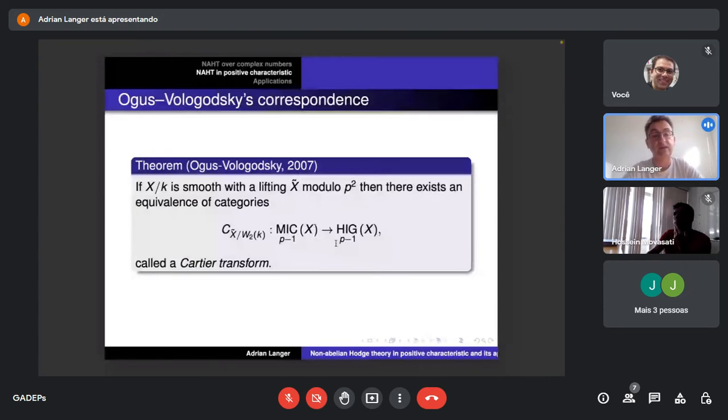This W_2(k) has characteristic p squared and not p. If you assume that such a lifting exists, then every lifting produces one equivalence of categories, which is called the Cartier transform, but various liftings can lead to different equivalences. So it's not like the characteristic zero story.